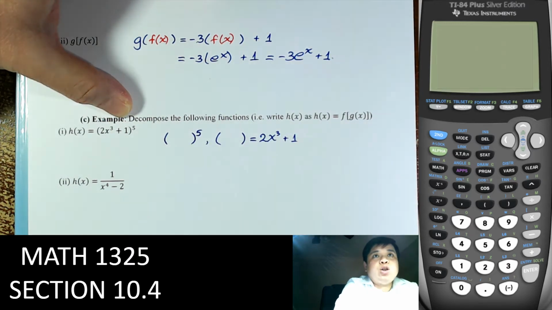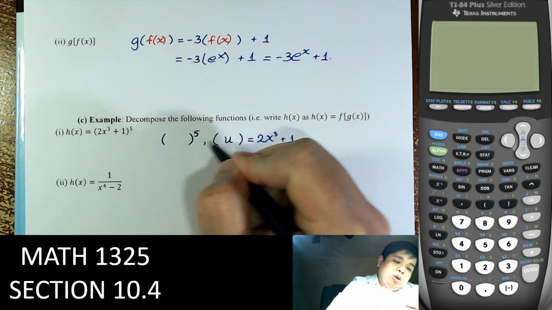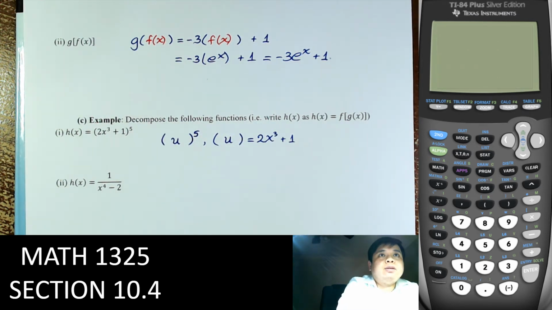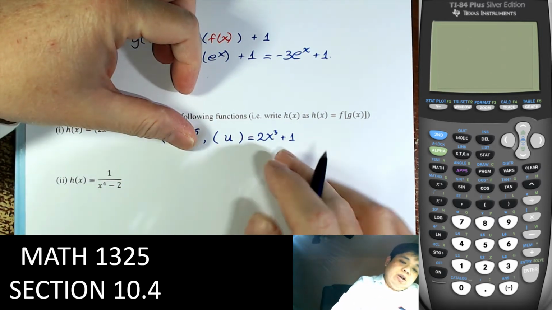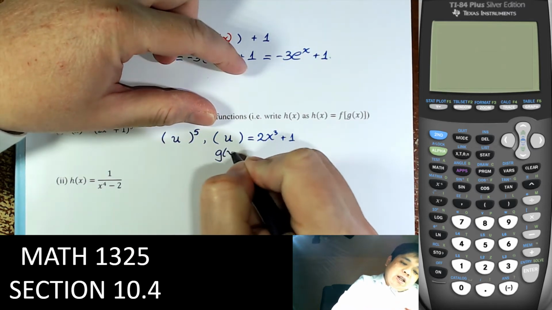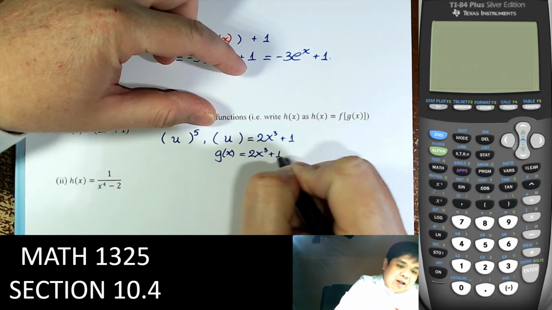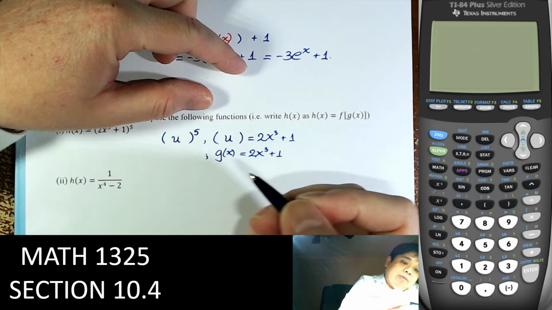So we decompose that into two functions. In that case, for the parentheses, we can put u here and u there. So one function is x cubed plus 1, so we can say g of x. The other function is something to the fifth.